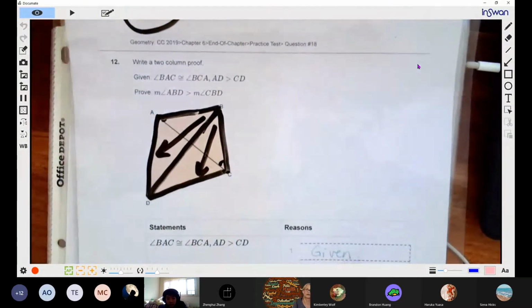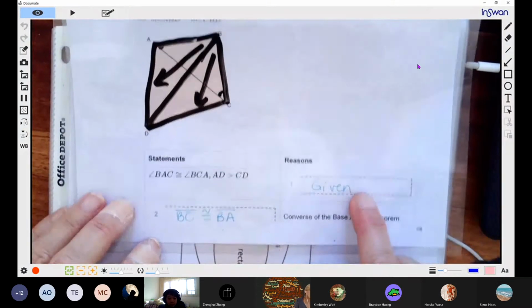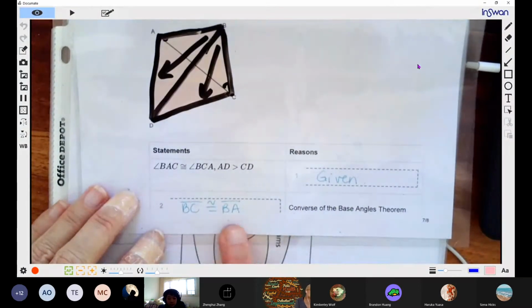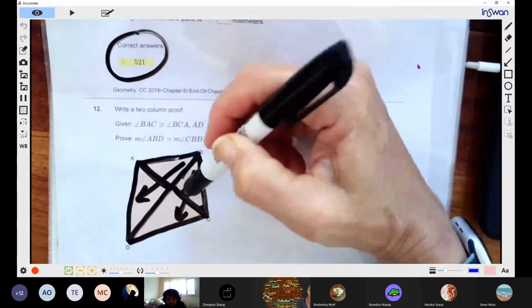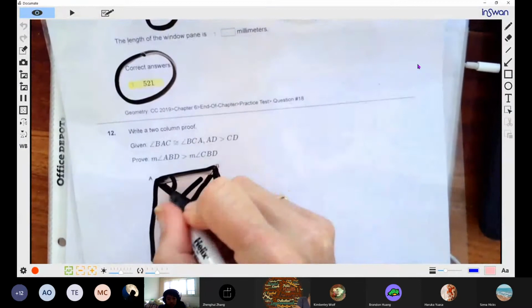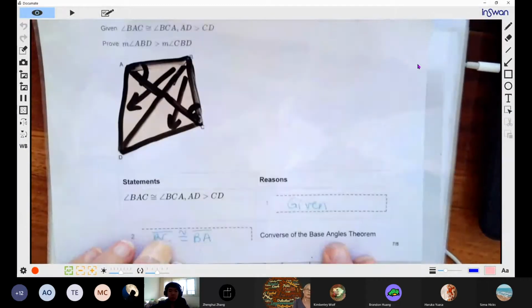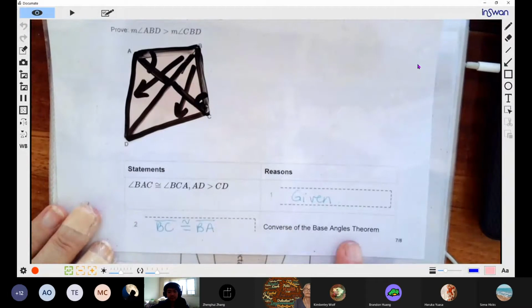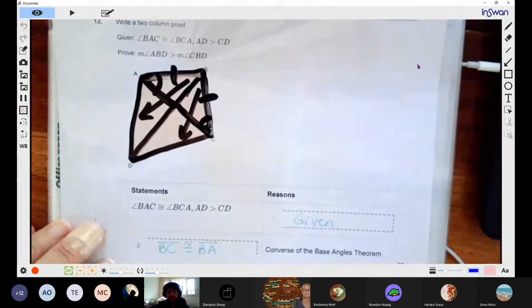Okay, so let's go through those steps. The first one is always given. The second one, you're going to say that BC is congruent to BA, which is right here. Sorry, it's this one and this one, because you were given that these base angles were the same. So when you see converse of the base angles theorem, it gives you this and this.